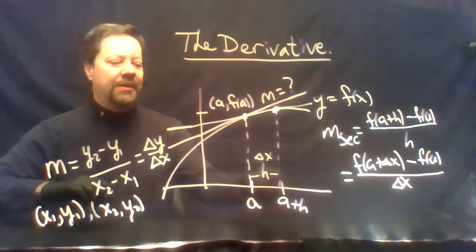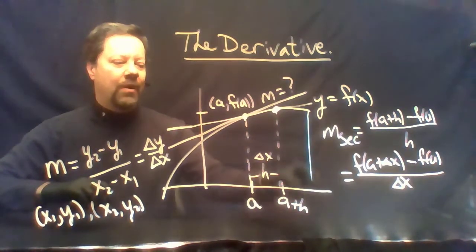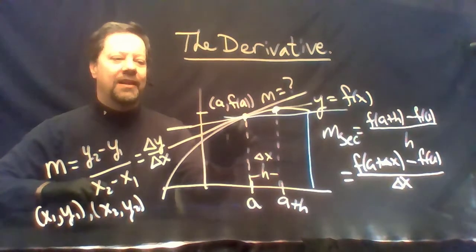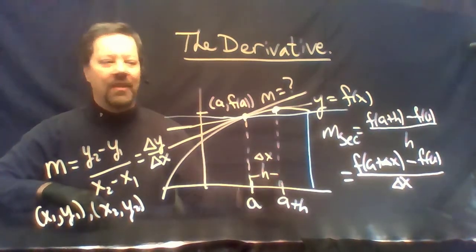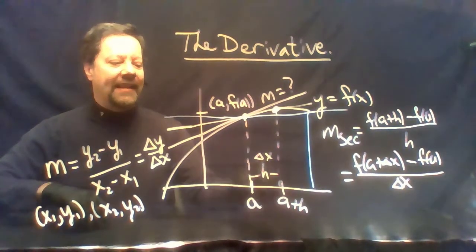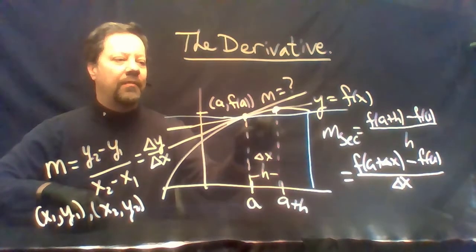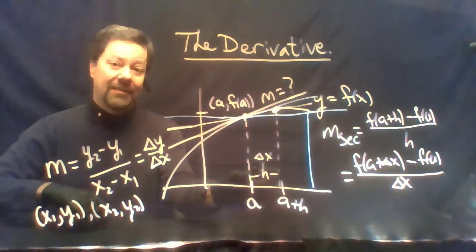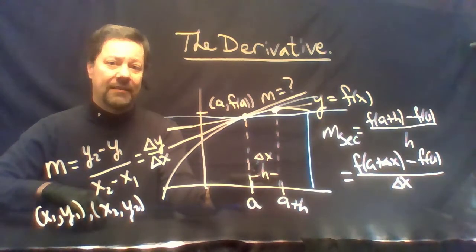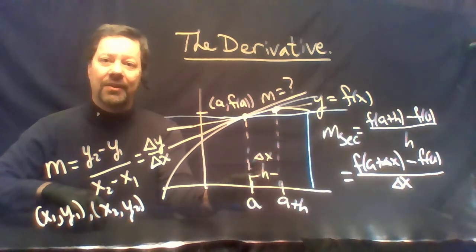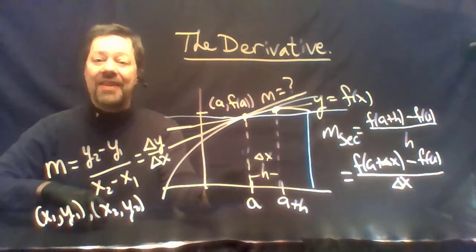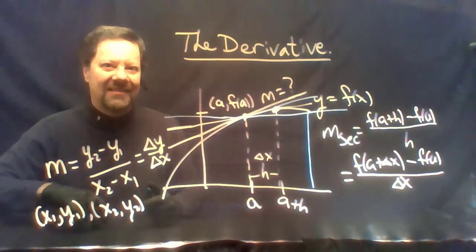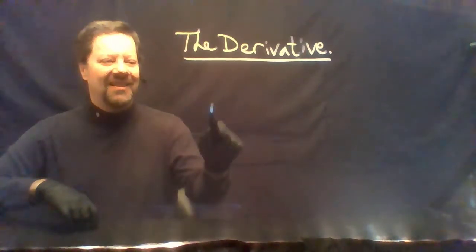Now, the bigger you make this value h, the worse the approximation to the tangent line is. You do better by making that gap smaller. In fact, we would like to take the limit as h goes to 0. It stands to reason that that should give us exactly the slope of the tangent line. That's right.